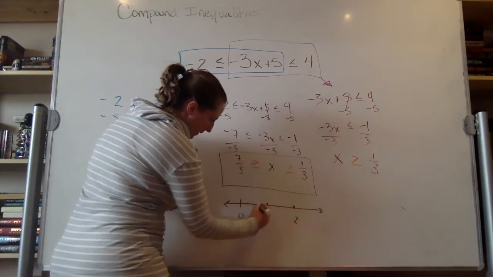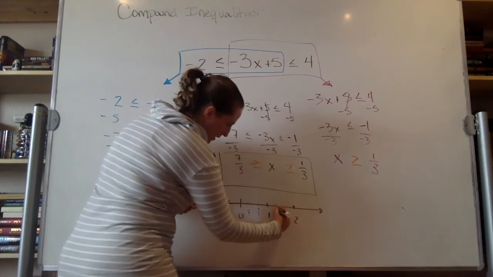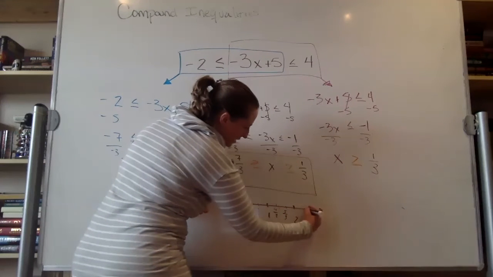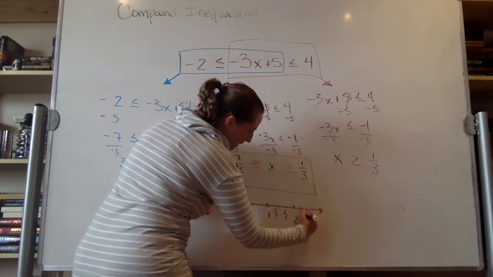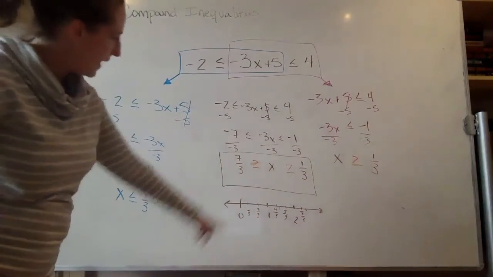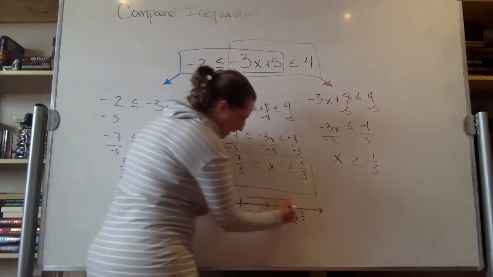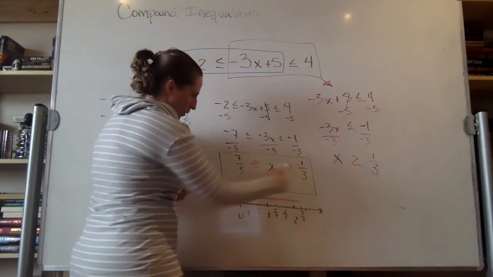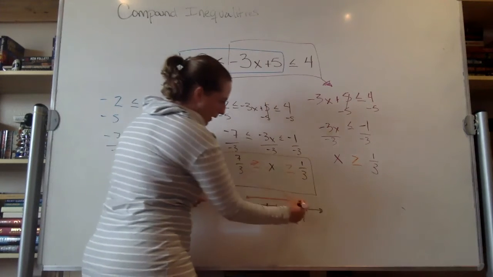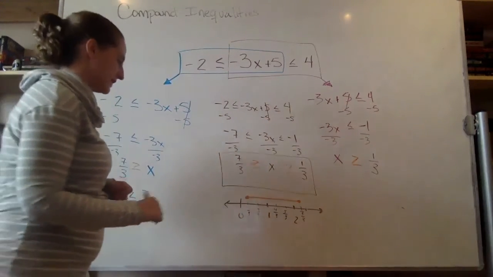Then here would be 1/3, 2/3, 3/3, 4/3, 5/3, 6/3, 7/3. So we're saying here that x is between 1/3 and 7/3. Now we're going to include 1/3 because we've got this equal to part. So here's our answer. x is between 1/3 and 7/3.